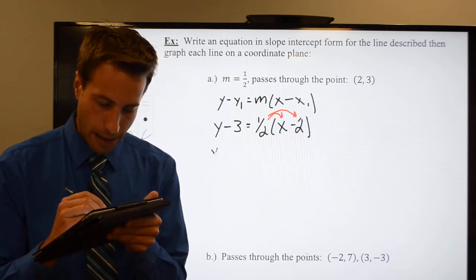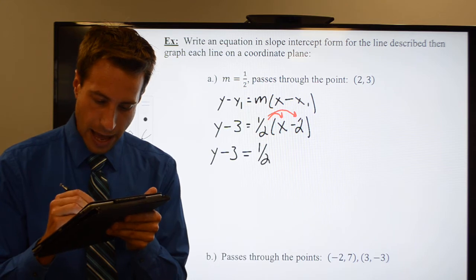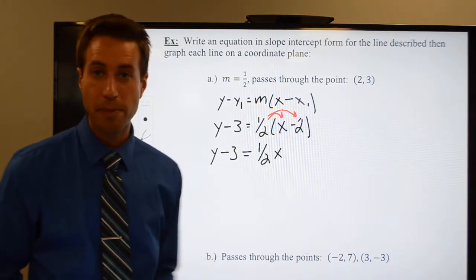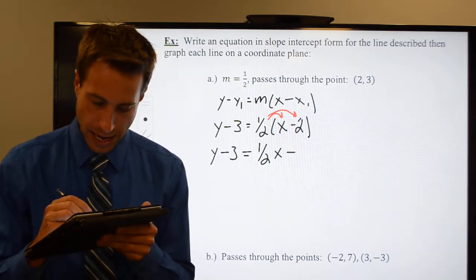That means I have y minus 3 is equal to 1/2 x. And then feel free to use your calculator if you need to, but 1/2 multiplied by a -2, well, the 2's are going to cancel each other out. You're left with a -1.